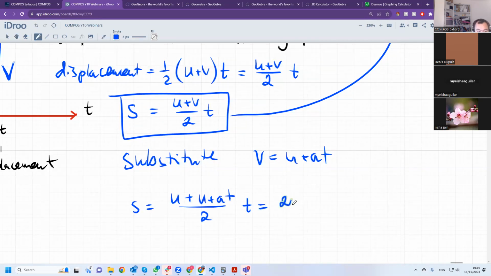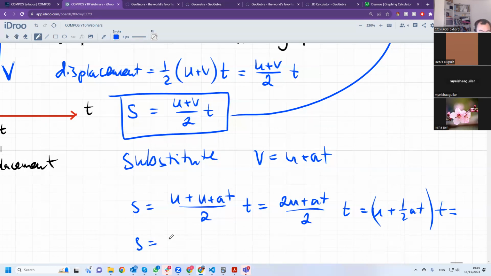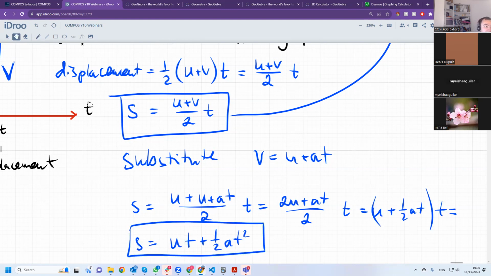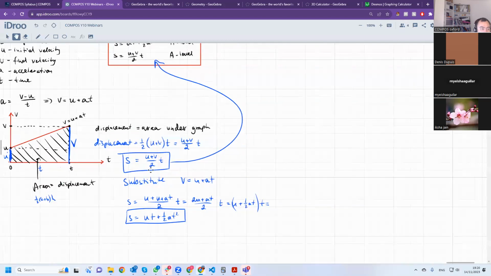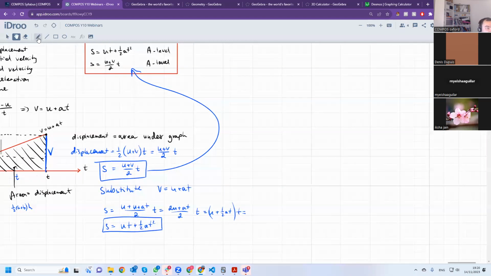So it's 2u plus at divided by 2 multiplied by t, which is u plus 1/2 at multiplied by t. And this gives us s is equal to ut plus 1/2 at squared. This is where we get the third Suvat equation.